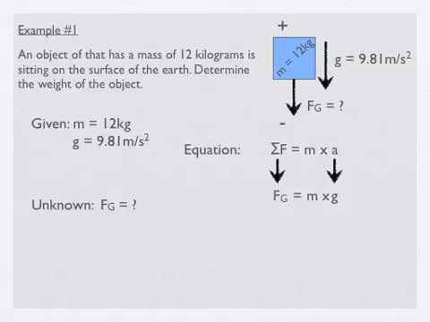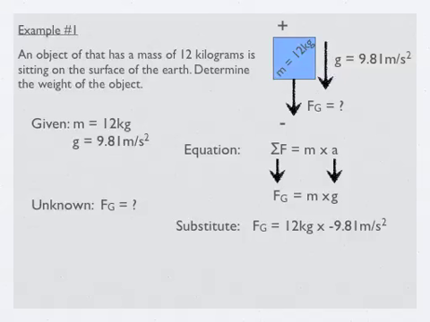From here, since we're trying to find Fg and we know m times g, we go right to the substitute step. You'll notice that the g in my given is 9.81 meters per second squared, and the g that I substituted is negative 9.81 meters per second squared. That negative represents the fact that my g, or my acceleration due to gravity, is moving in the negative direction.